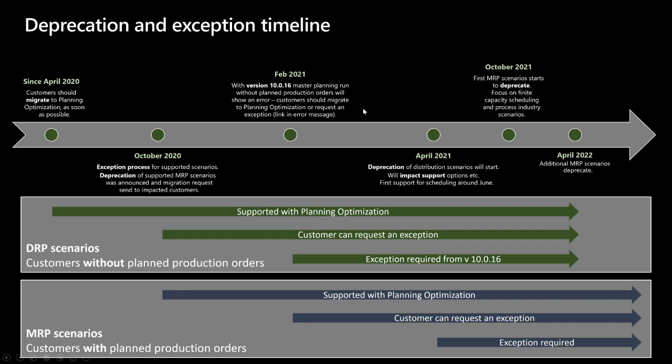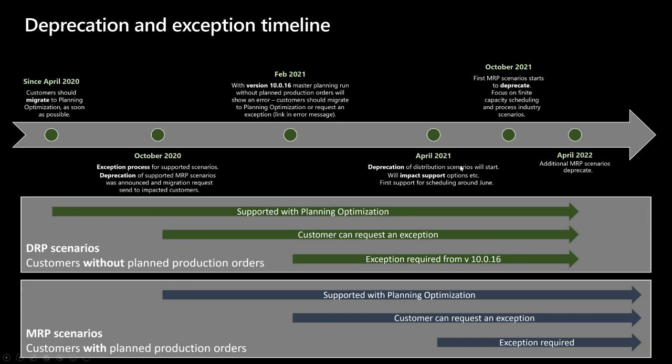And now here in February, with the release of version 10.0.16, there is this message shown when you run master planning, in case you don't use planning optimization and you don't have any planned production orders generated. As part of this message, there is a link to how to get an exception, but it's important to notice that it's not blocking the usage of the current master planning in any way.